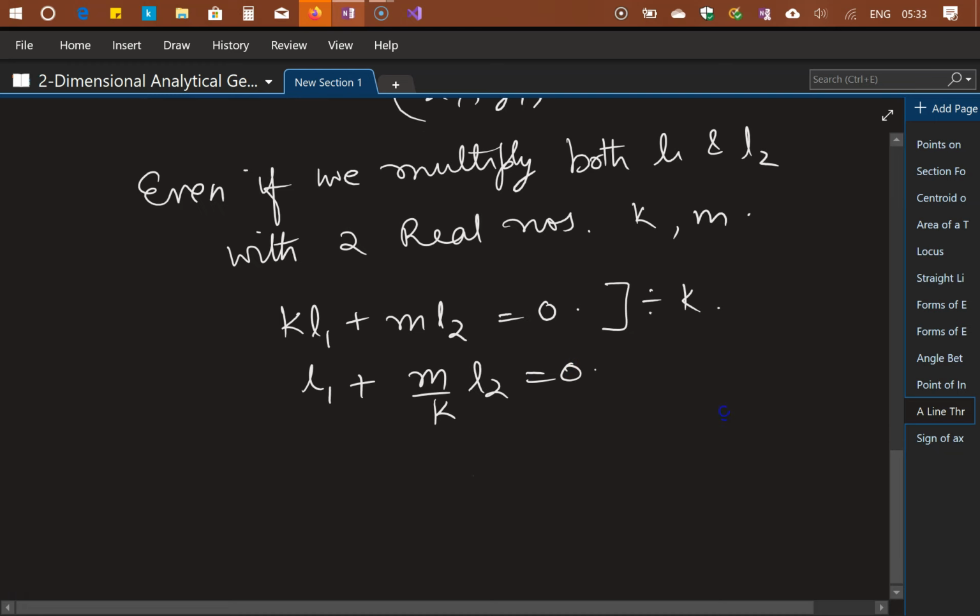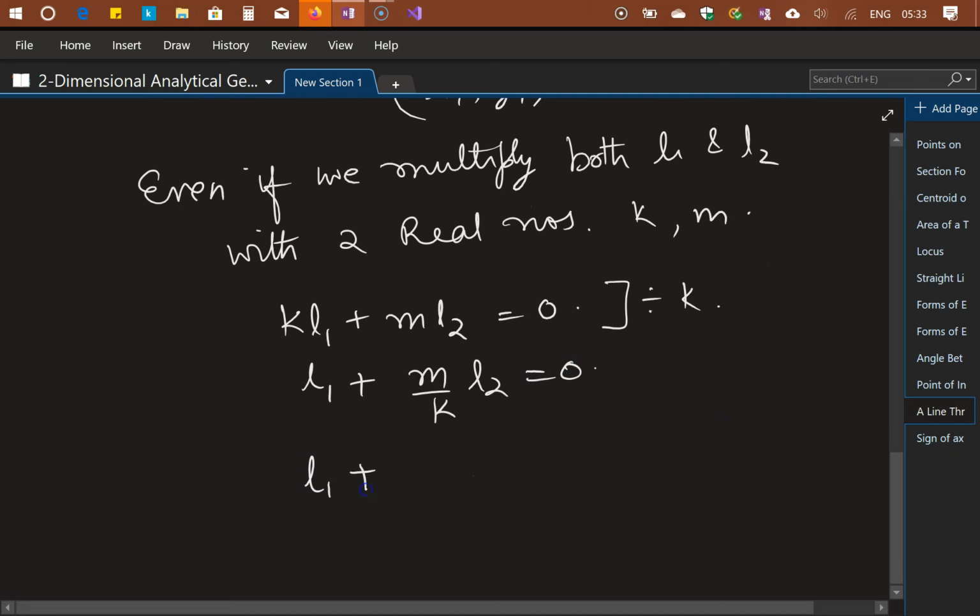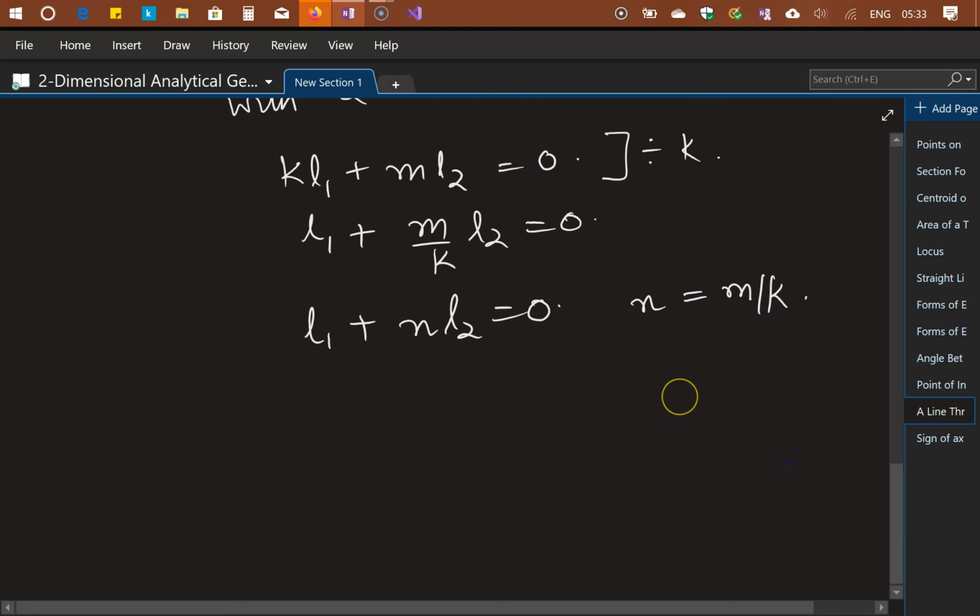And we can say L1 plus n L2 equal to 0, where n is equal to m by k.